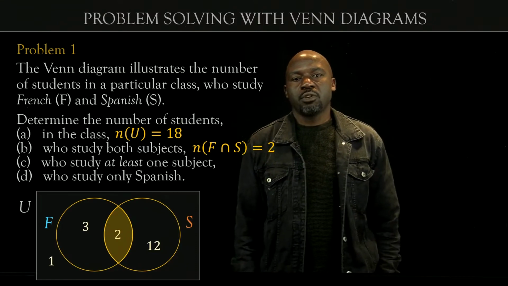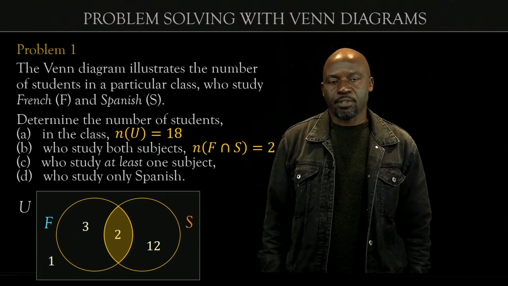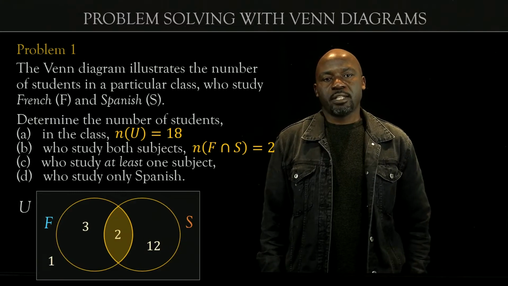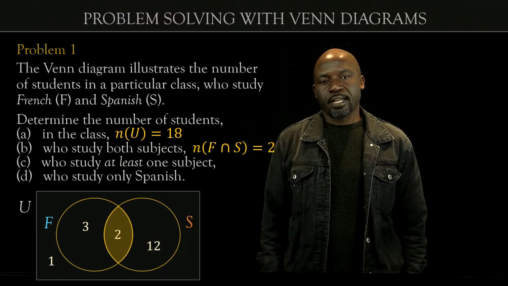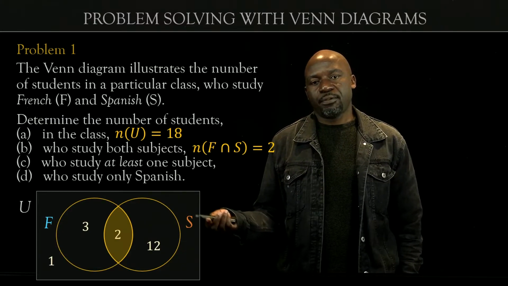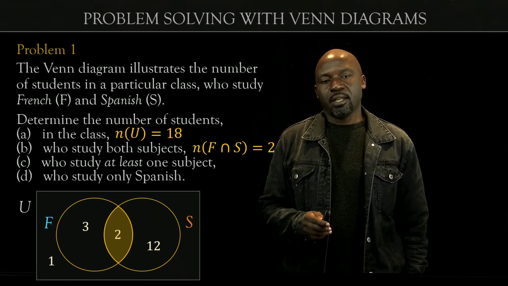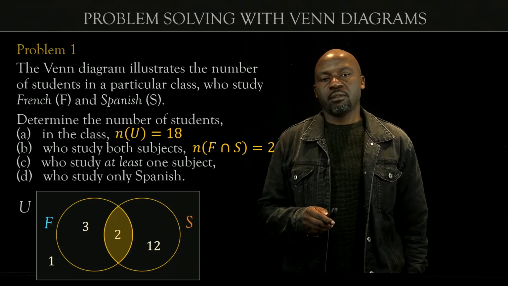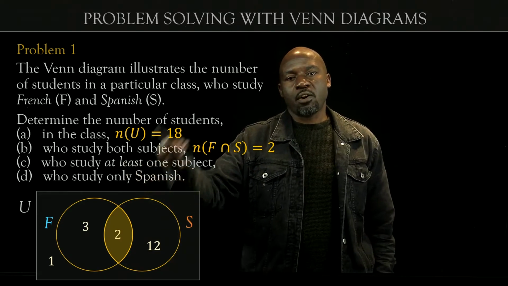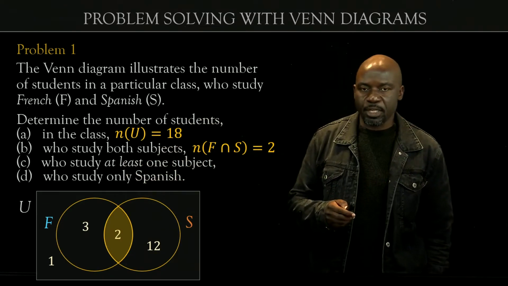The number of students who study at least one subject, that is interpreted as the union set. So they are either studying French or they are studying Spanish, or they are studying both, because at least means one or more, so they can be studying 2 subjects, right?